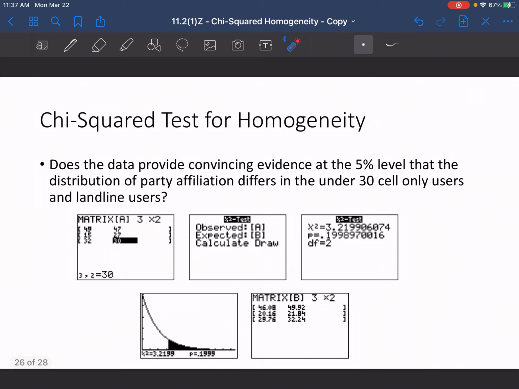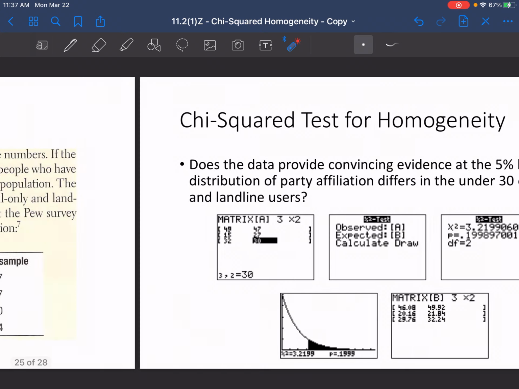So if we wanted to run a chi-squared test for homogeneity, we want to say, does this data provide convincing evidence at a 5% significance level that the distribution of party affiliation differs in under-30 cell-only users and landline users? So again, we would go to second matrix, arrow over to edit, select matrix A, and enter all of our data from that table.